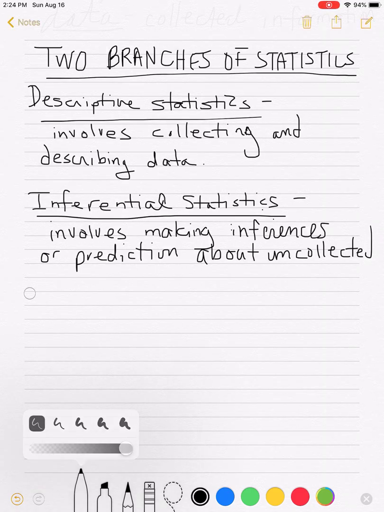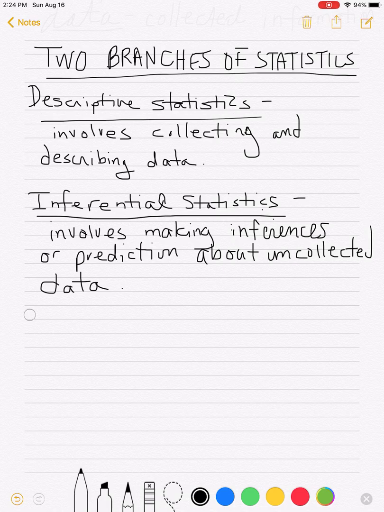The pen's hardly working. Not sure what's going on.